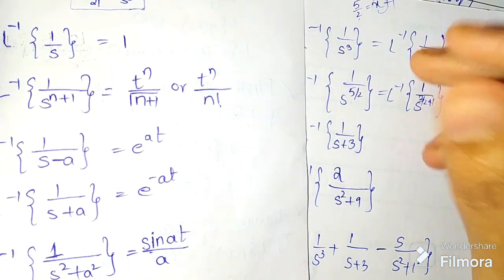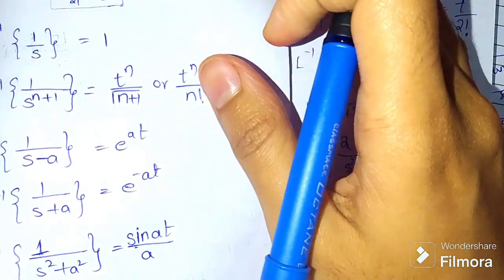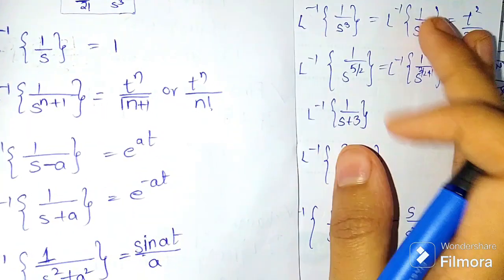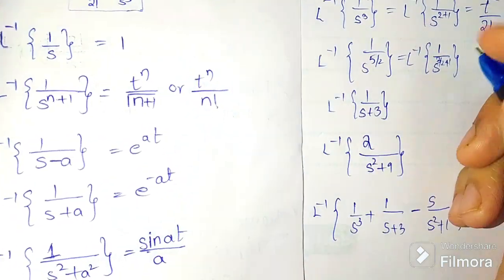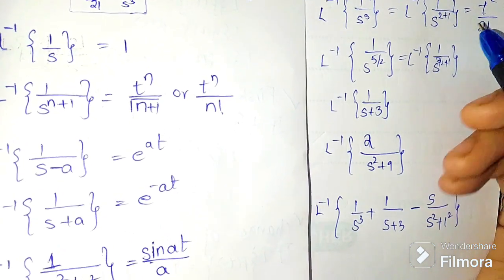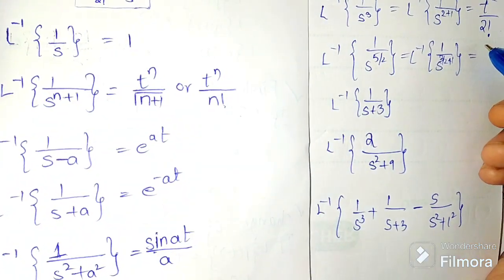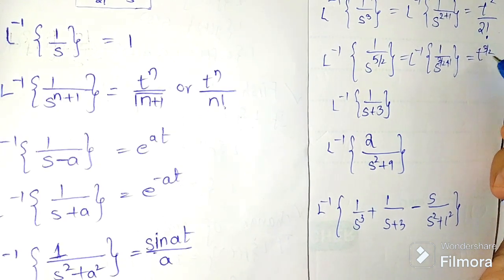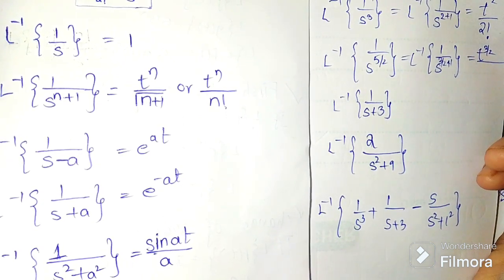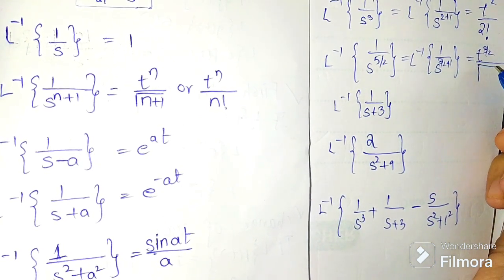Like that we'll get. Whatever you don't know, put it as x. Now, what is my n here? 3 by 2. So the answer will be this formula. T power 3 by 2 by gamma of 3 by 2 plus 1, which is gamma 5 by 2.